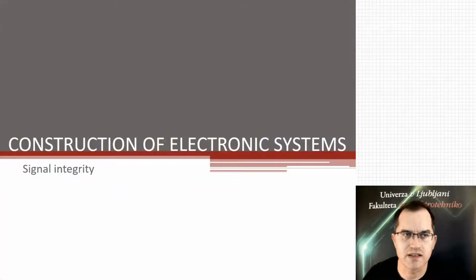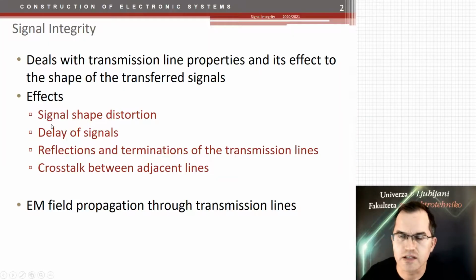So what is the signal integrity anyway? The signal integrity deals with transmission lines on printed circuit boards and how the properties of these transmission lines affect the signals. And what are these effects? Well, you can have distortion of the shape of the signal. Of course, we have some delays as well because there is a finite speed of the signals.